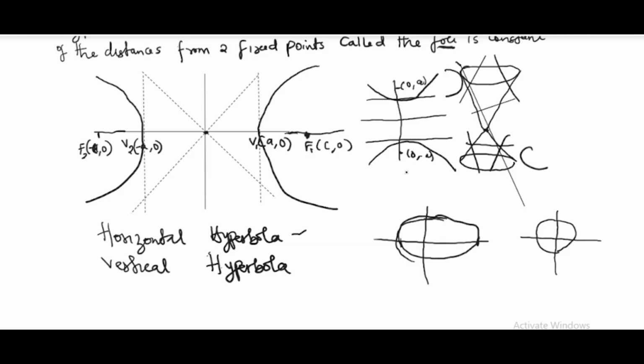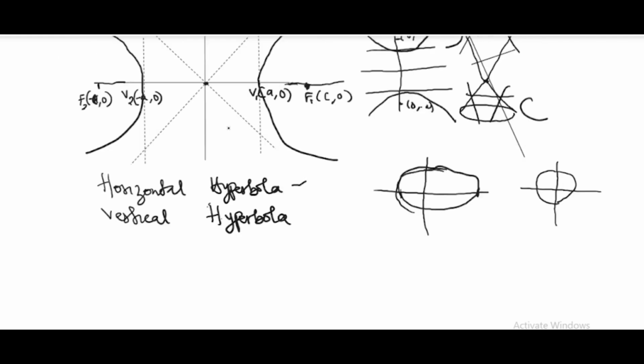So now, what else do we need to know about this? I've told you about the center, I've told you about the vertex, I've told you about the foci. Now, let's write down these things I've told you. The center, we have it to be 0 comma 0. Then we have the vertex.